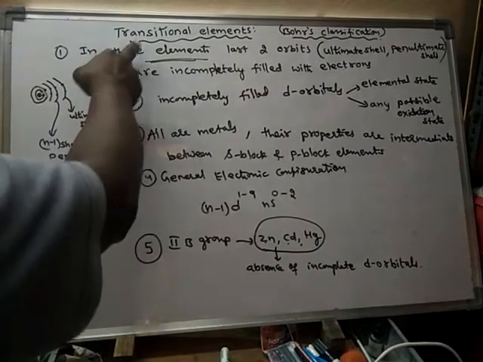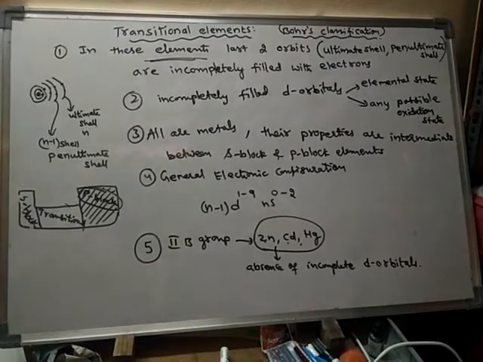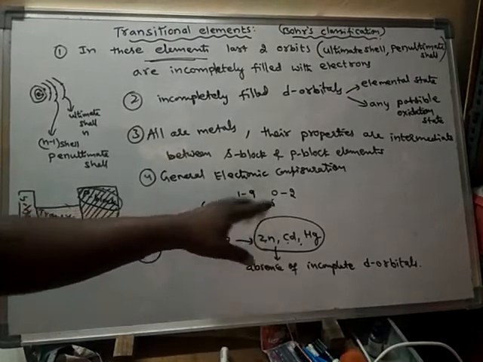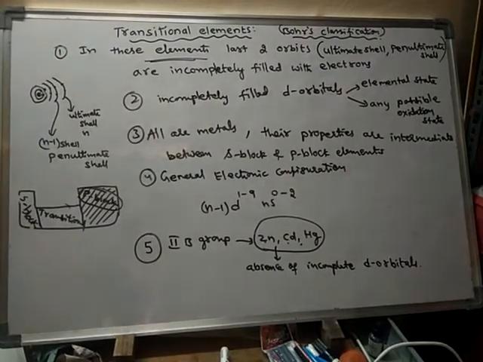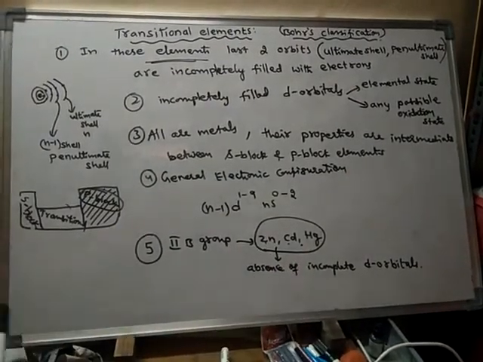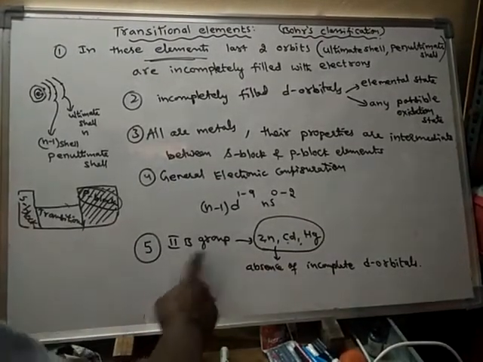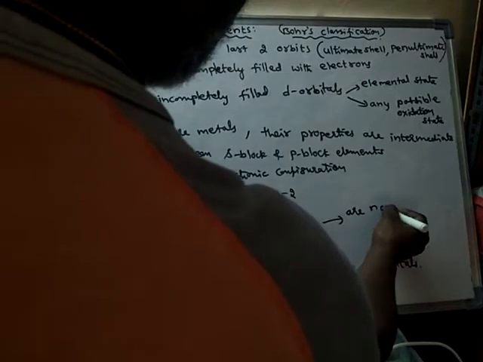But a transition element should contain incompletely filled d orbitals, so d should contain 1 or 2 or 3 up to 9, but it should not be 10. Hence, with the absence of incomplete d orbitals, second B group elements are not treated as transitional elements.